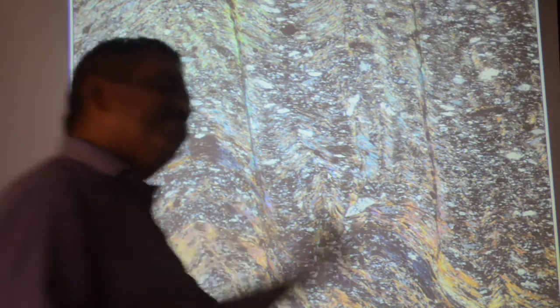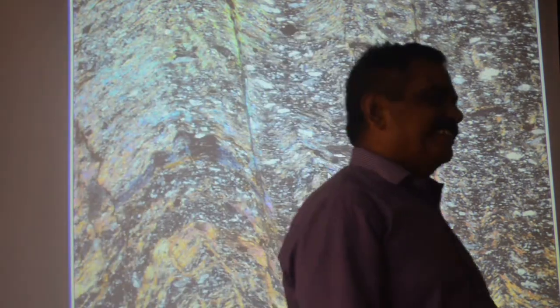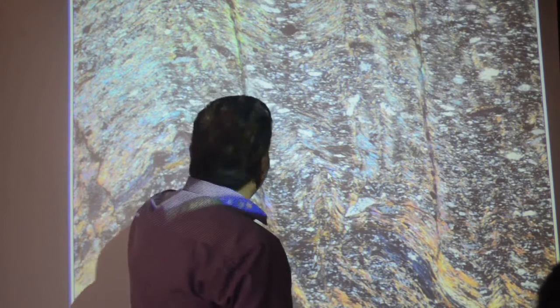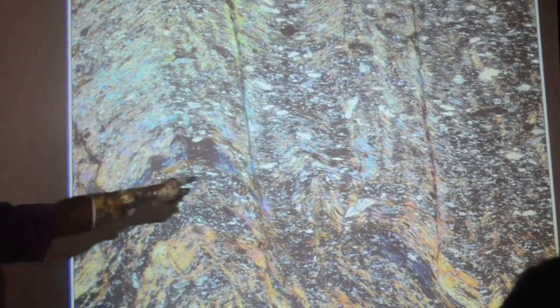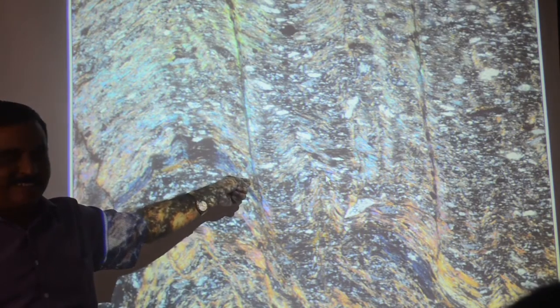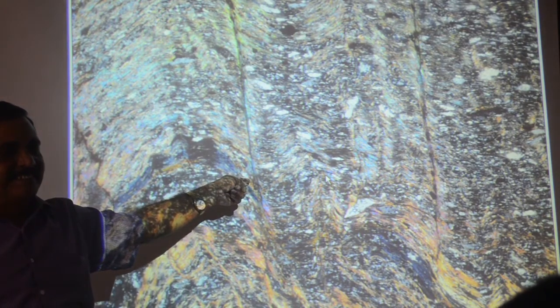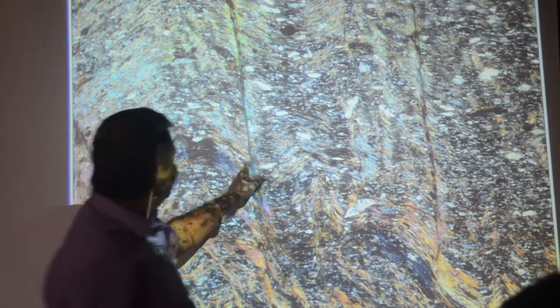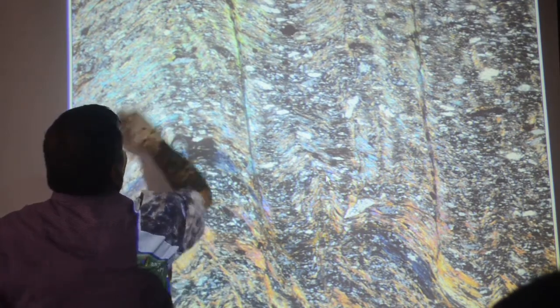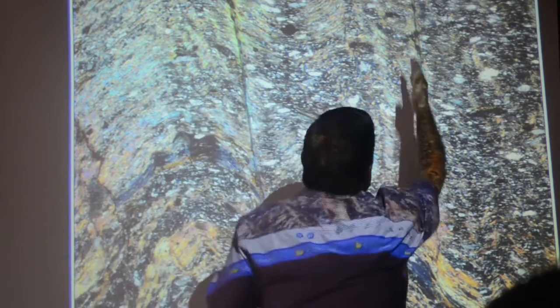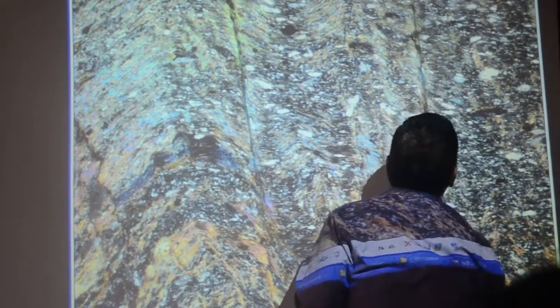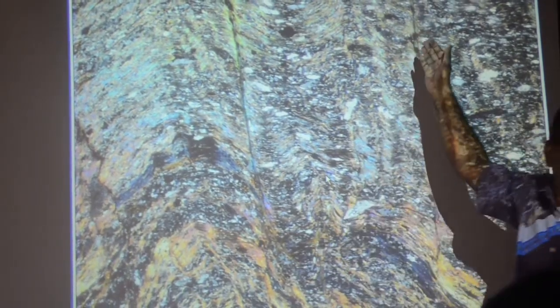These are granulation cleavages. So these granulation cleavages are developed during F2 folding time. This is a cleavage, right? The rock is breaking here. So see, this is the axial plane of the granulation. Parallel to this, a fracture is developing. Parallel to the granulation axial plane, this is developing. So this is a granulation cleavage.